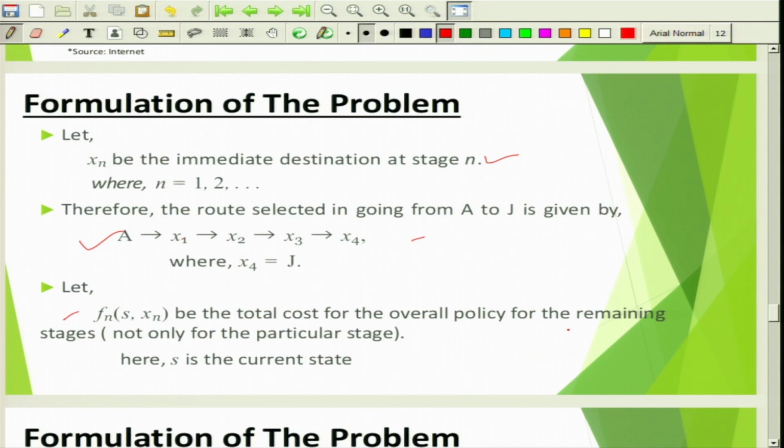Whatever may be the overall cost associated to reach the ultimate destination, you call it Fn of s comma xn, where s is the current state and xn is the immediate destination.